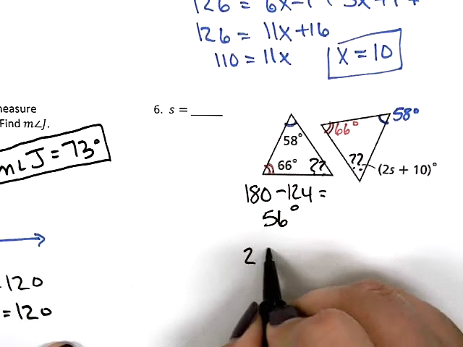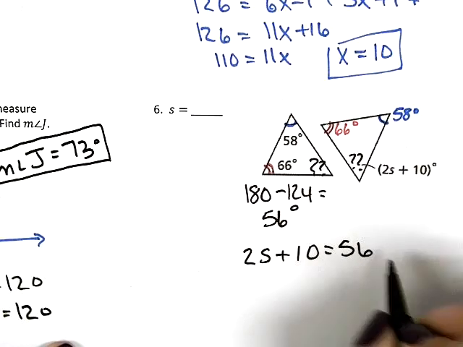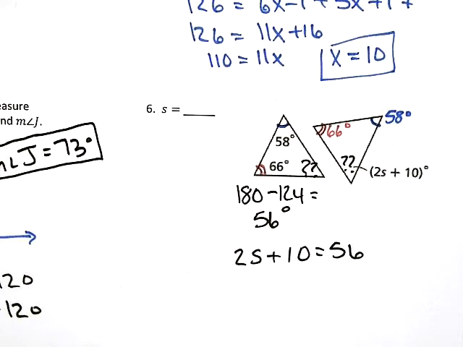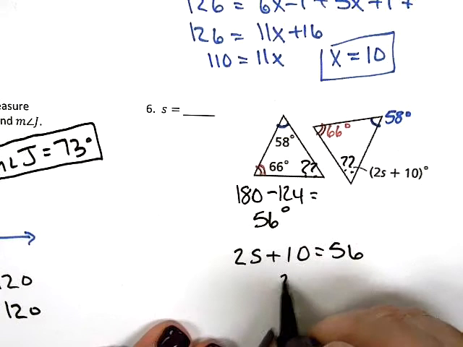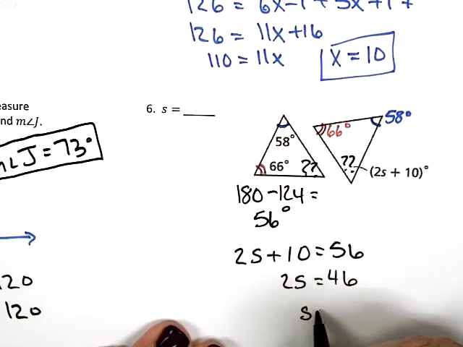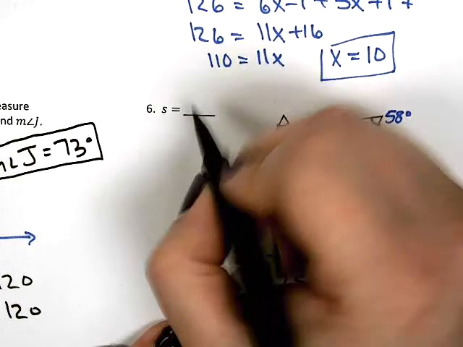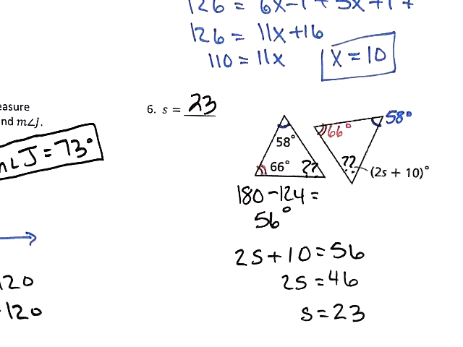So 2s plus 10 has to equal 56, and then we can solve for s. If we subtract 10, we get 2s equals 46, which means s is going to have to equal 23. And that's by our no choice theorem, that third angle theorem.